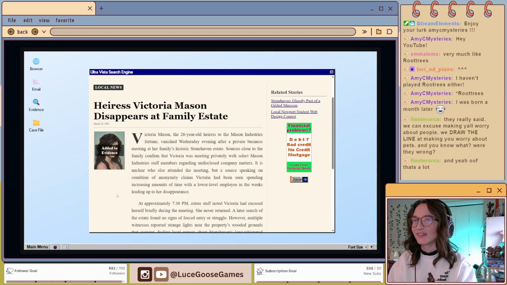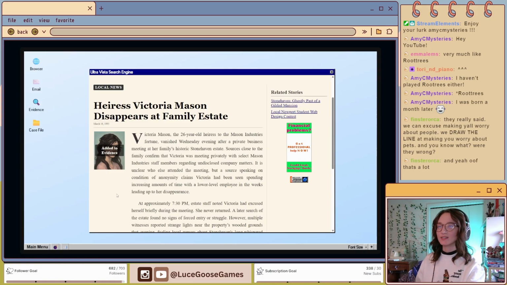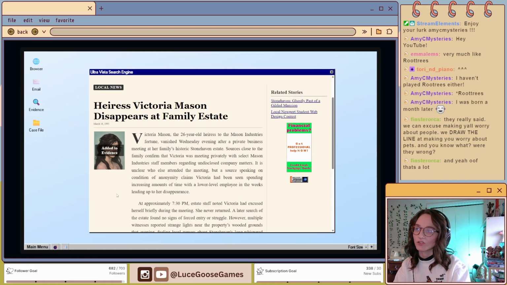This is cool. "Victoria Mason, the 26-year-old heiress to the Mason Industries fortune, vanished Wednesday afternoon after a private business meeting at her family's historic Stonehaven estate. Sources close to the family confirmed that Victoria was meeting privately with select Mason Industries staff members regarding undisclosed company matters.